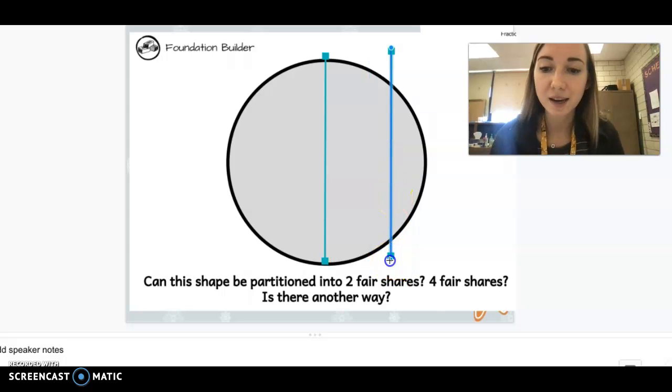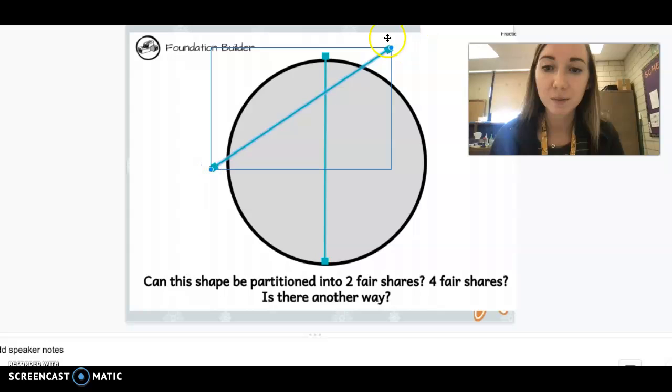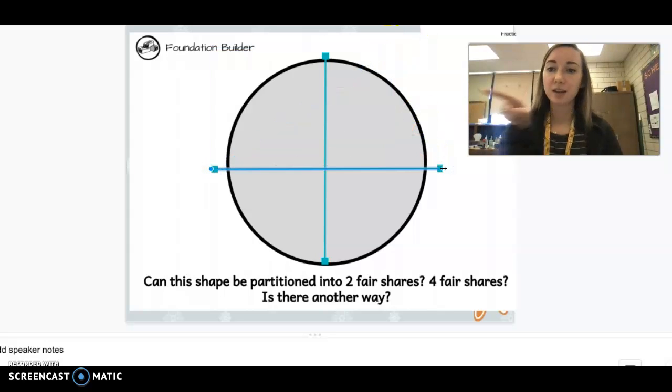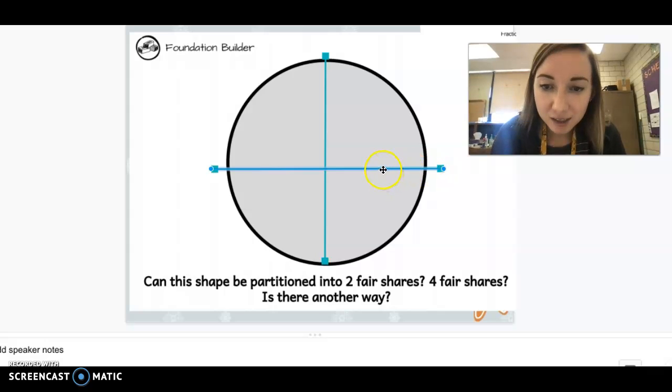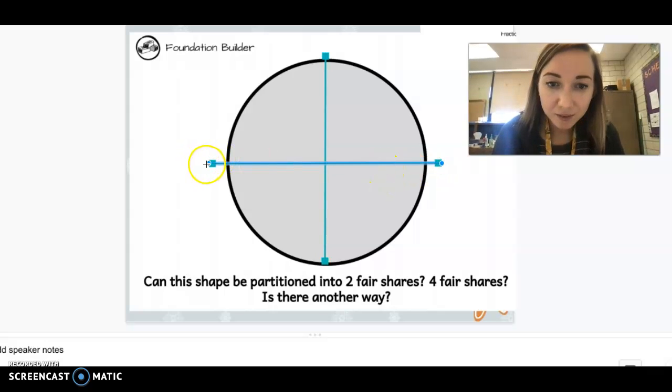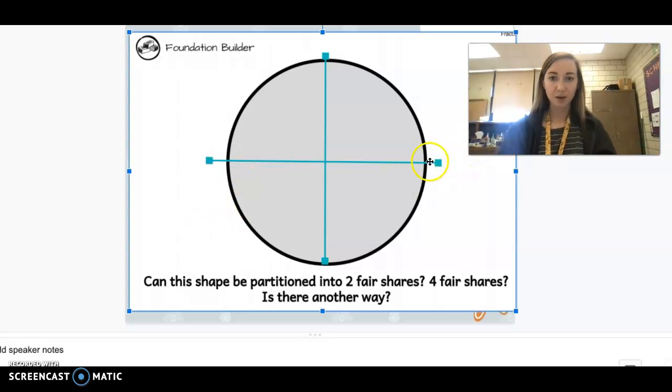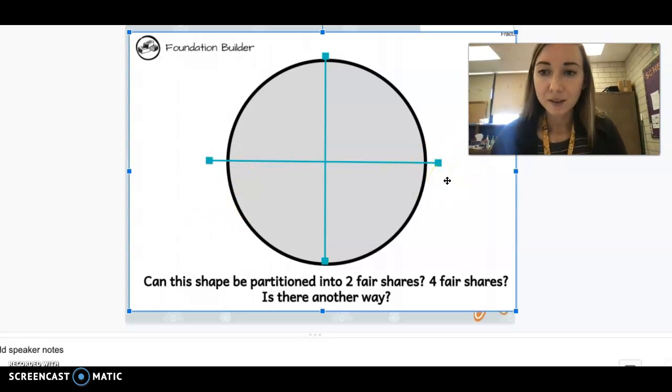Thank you for participating. I heard someone say we could do 1 line like this and 1 line like this. And so let's see if that works. There we go, right there. Does this look like a food that you guys have eaten before? It does. What food does this look like? I heard some people say pizza.